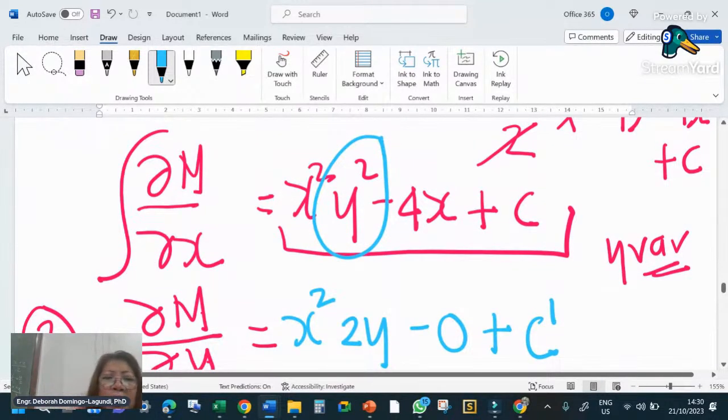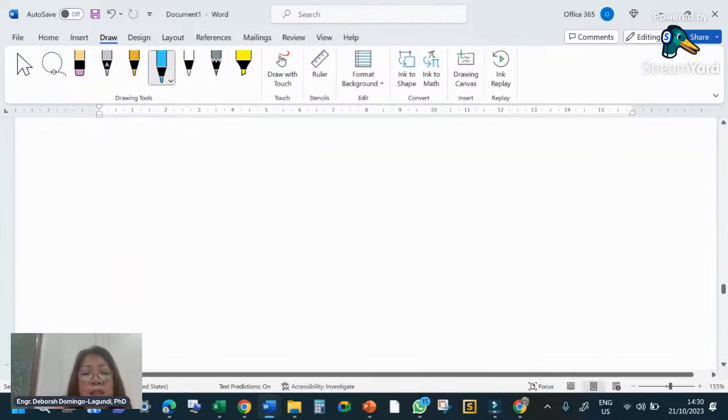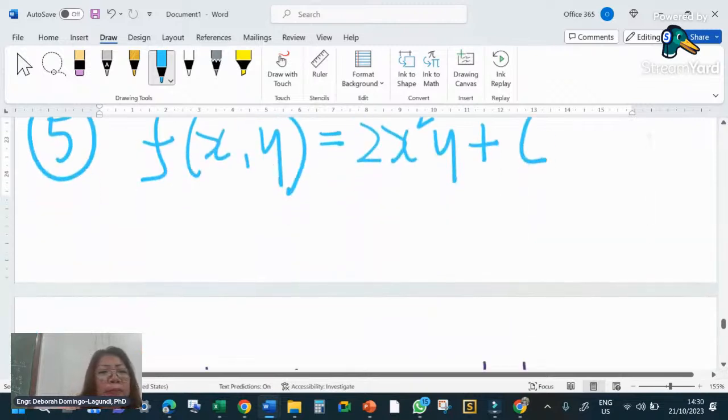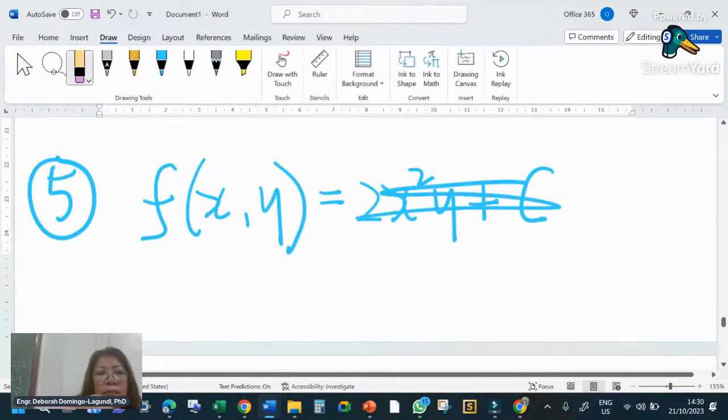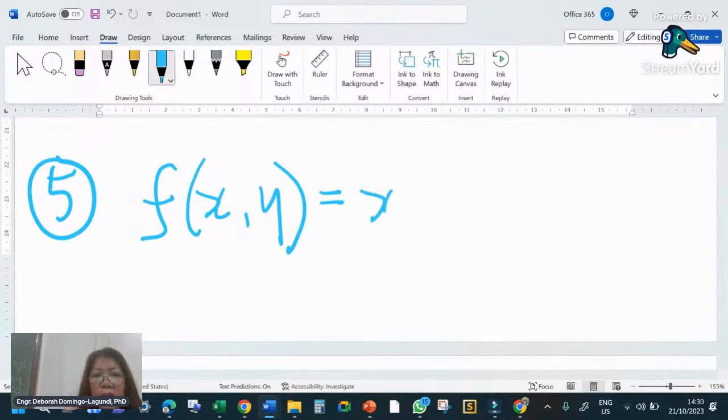Oh, here. This one here. x squared y squared minus 4x plus c, because we know what c is already. Sorry for that. x squared y squared minus 4x plus c.